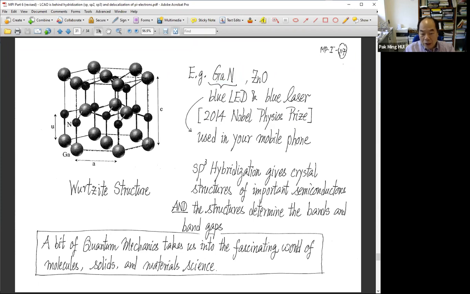Because before this work, well, that work started in the 1990s, before that work, we only had the red and the green. So when you go onto the street, those big boards trying to show you advertisements, movies, things like that, lack one color. The material, the semiconductor, had not been found, okay?